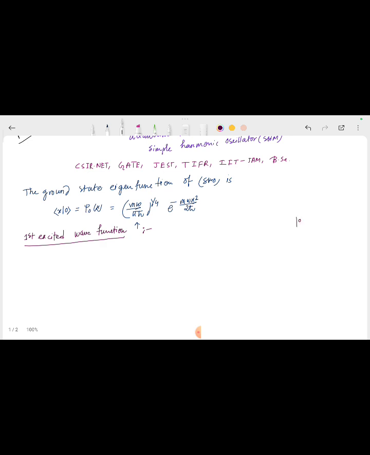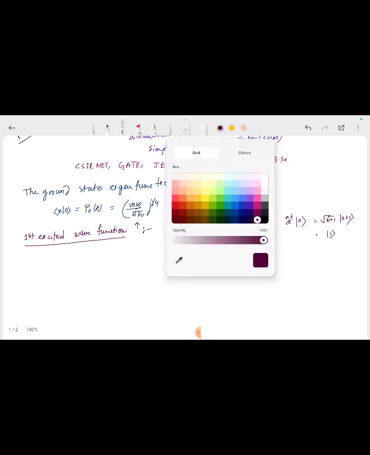We have the ground state eigenfunction, and if we apply the raising operator one time on this ground state, we get the first excited state. So this is our strategy to get the first excited state. I think you get what I am saying.